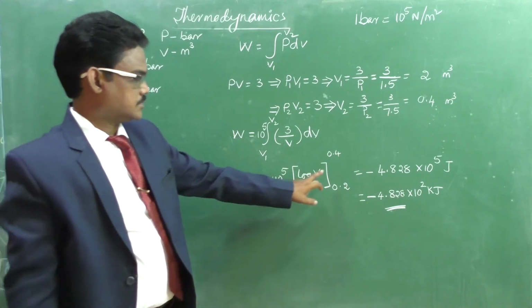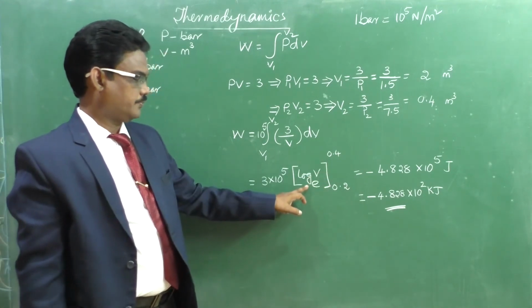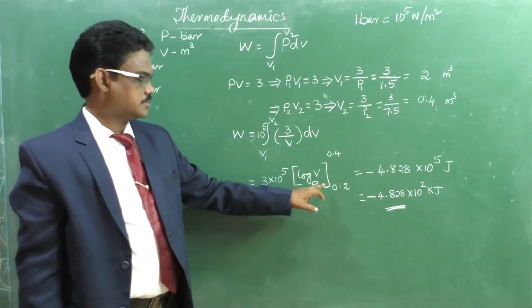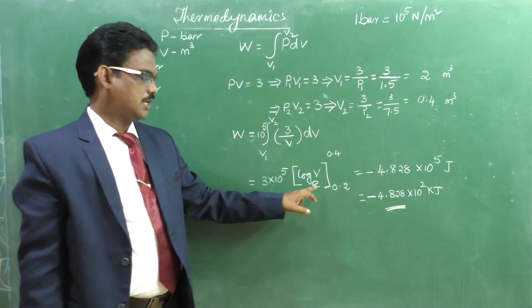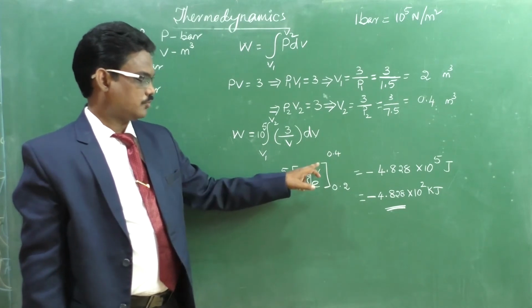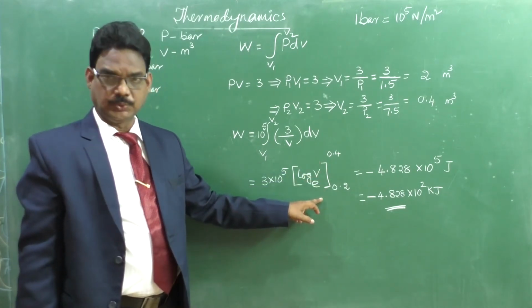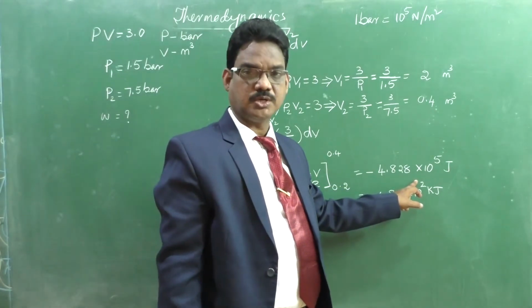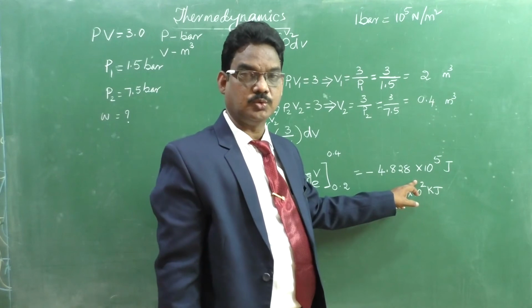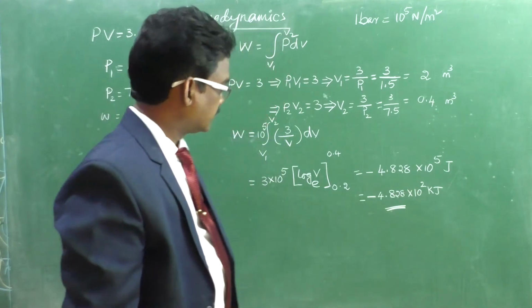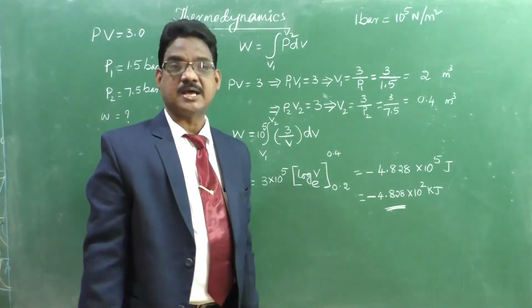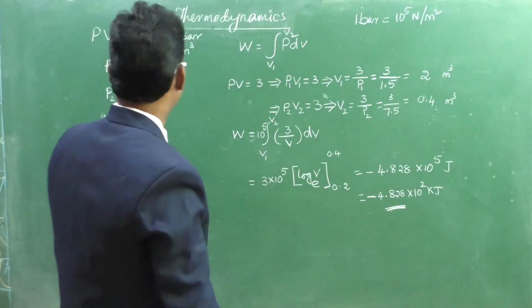Here also, while substituting, log 0.4 minus log 0.2 equals log of 0.4 divided by 0.2 base e, which will give this answer. Students need to check the answers and do the problem individually. You may ask why the minus sign occurs.